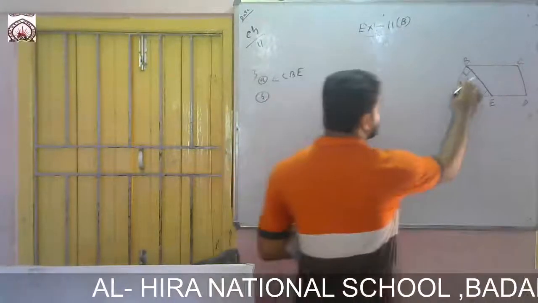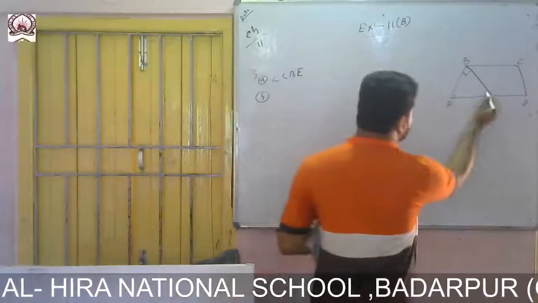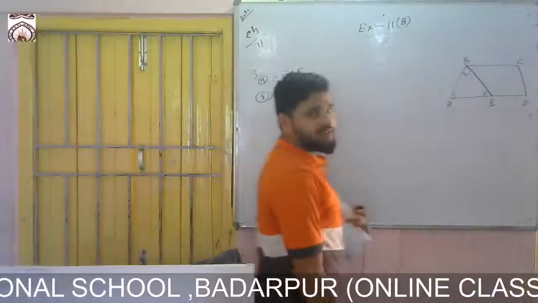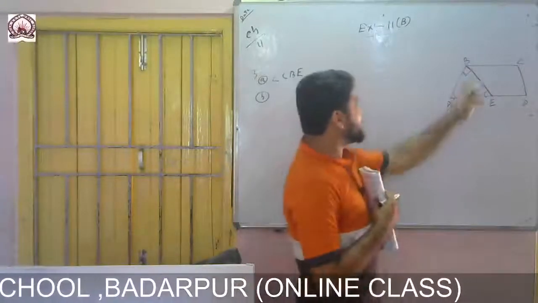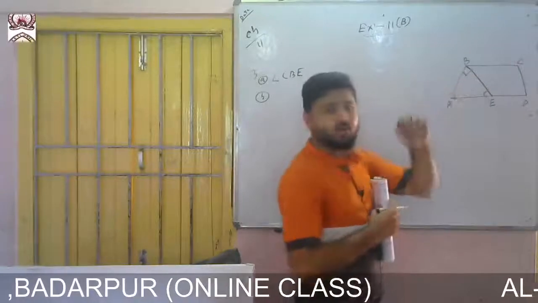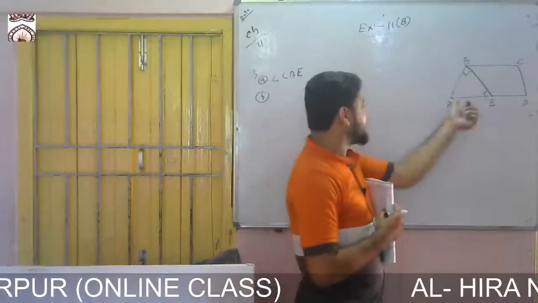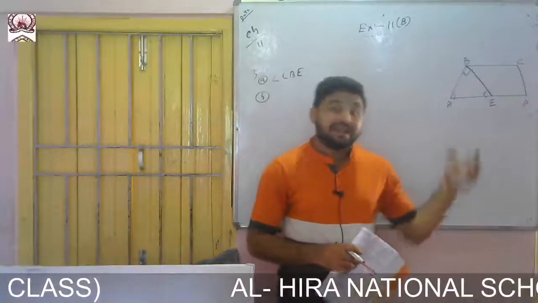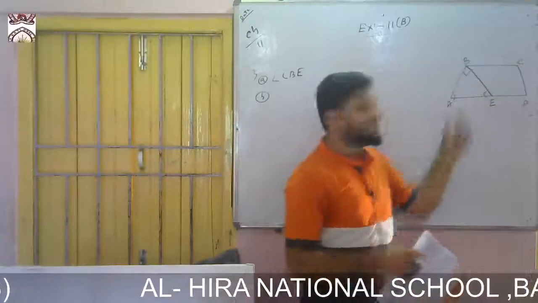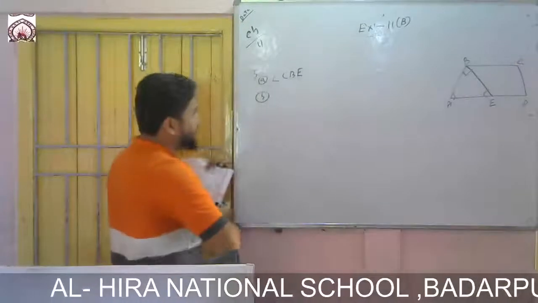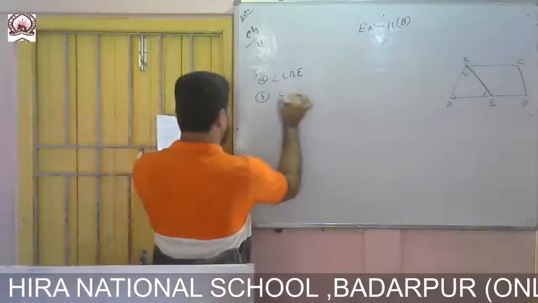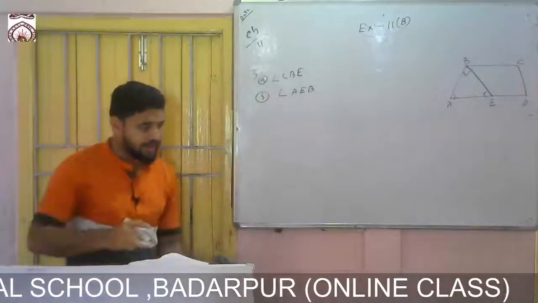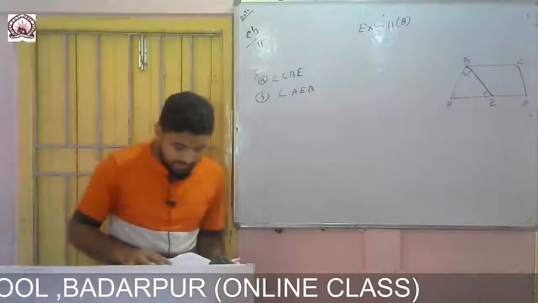Since this is 90 degree, the sum of the three angles of a triangle is 180 degree, so the sum of these two angles will be 90 degree. That means the measure of angle A and the measure of angle B will be less than 90 degree. So AEB is an acute angle.